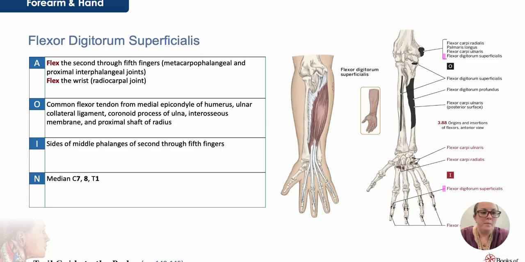So again, this guy, flexor digitorum superficialis, flexes your digits. And if it flexes your digits, it crosses your wrist, so it's probably doing the same thing. So you can either just do one, or you can do them both, like, what is that? Thriller.